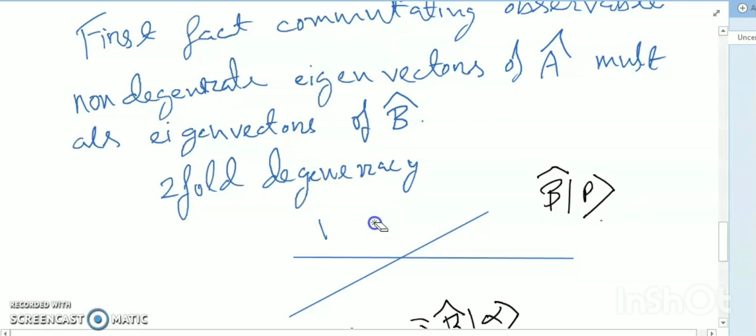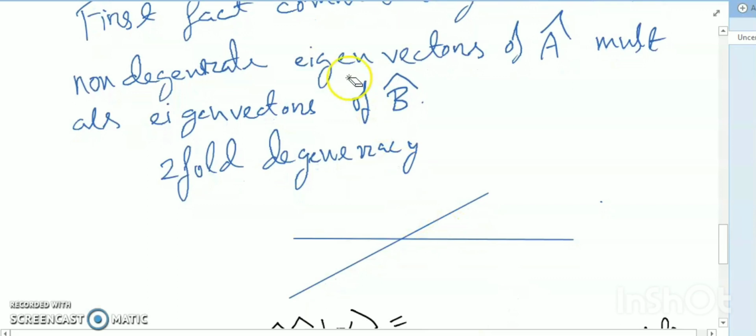Okay, now I show the diagram. Please check, there is a different diagram. Now you see that this is B.